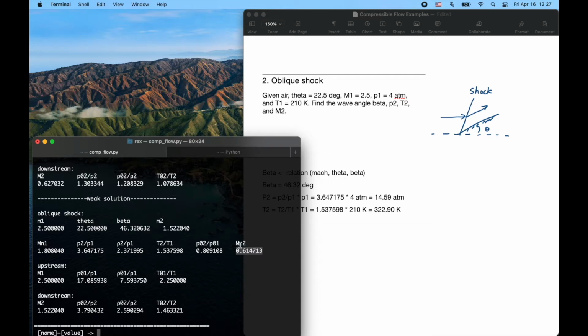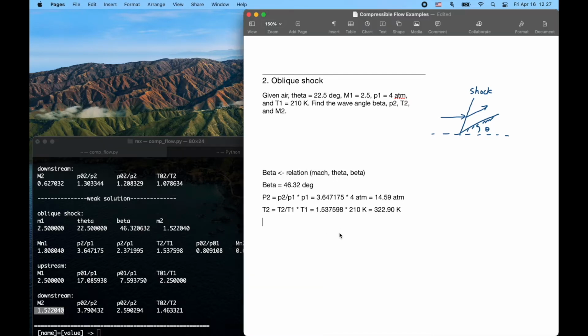We get the Mach number 2 in the normal direction from the normal shock relation. So you can either use that to derive it or just use this number from the code. If you want to derive it, M2 equals Mn2 divided by sine of beta minus theta.